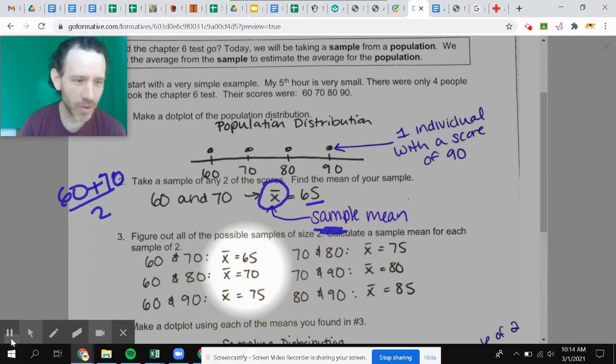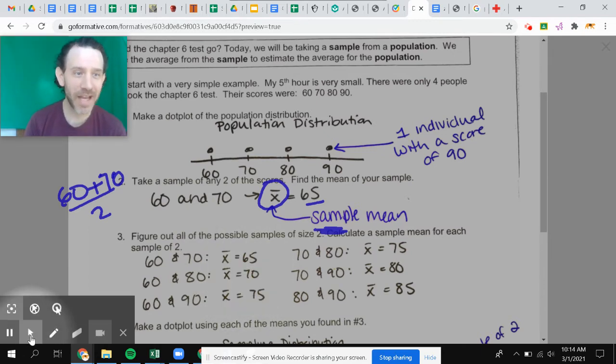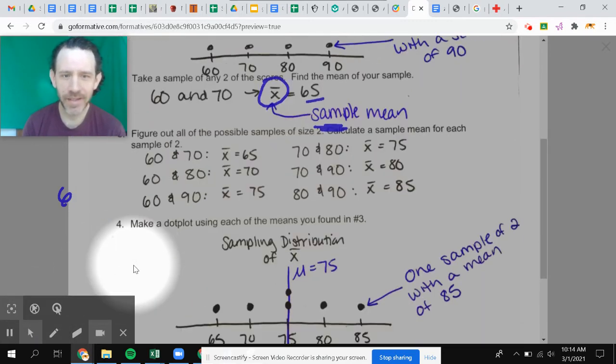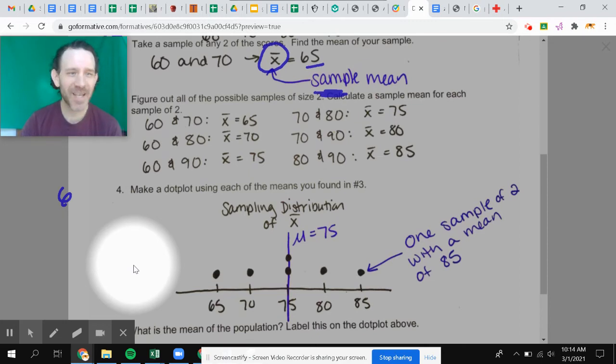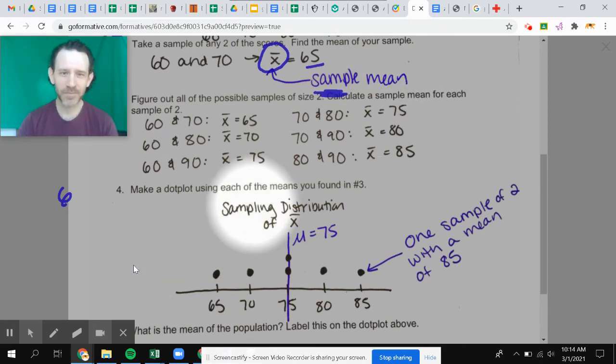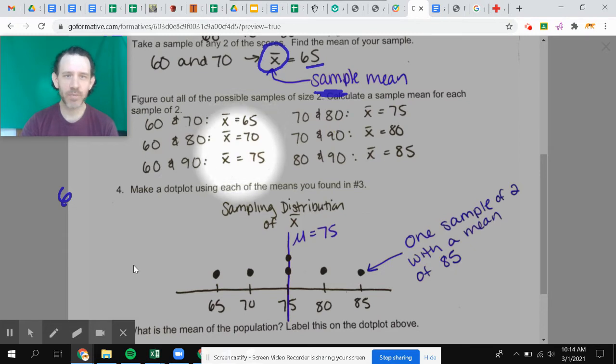Well, if I take all of those X bars, those sample averages, and I plot those out, that's when you have yourself a sampling distribution. Keyword sampling. And notice that this class is all the averages of every single possible sample of size 2. So if I'm looking at this dot here at 85, it's not an individual that has a score of 85.